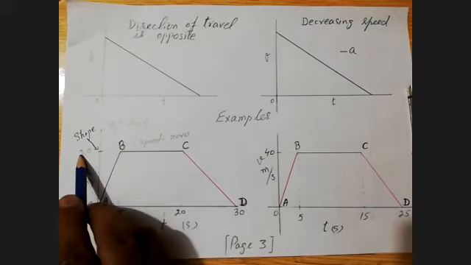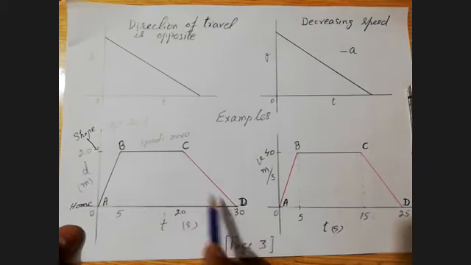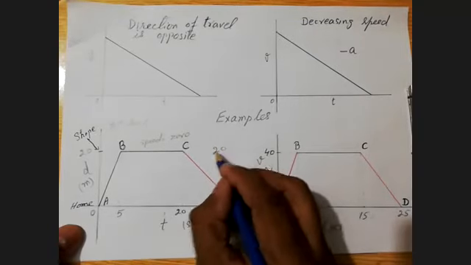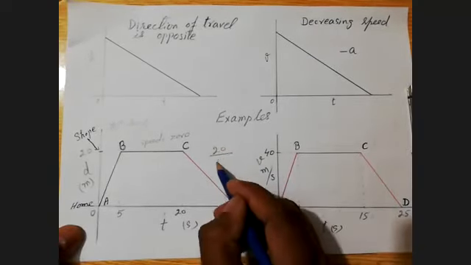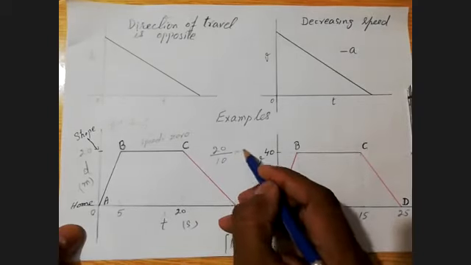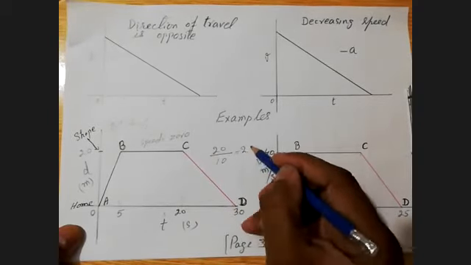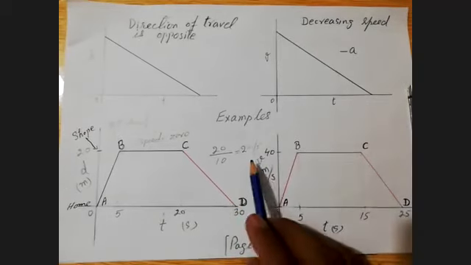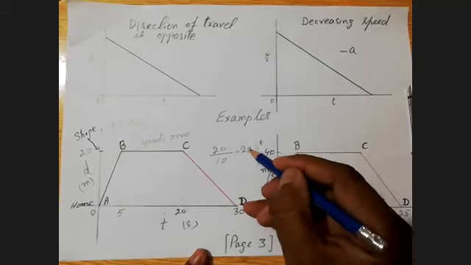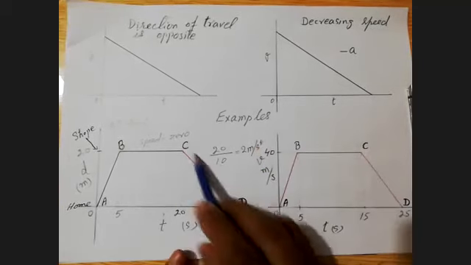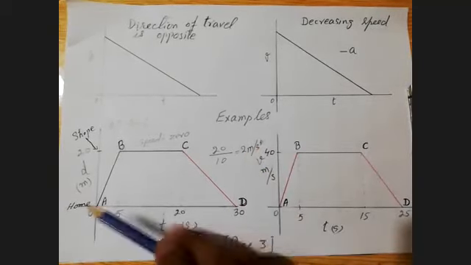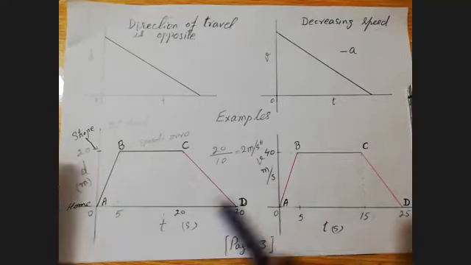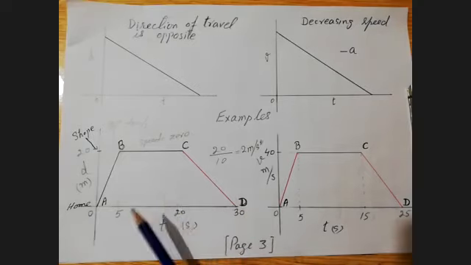The distance traveled is 20, because from 20 to 0, obviously the distance traveled is 20, and the time taken is 10 seconds. 20 by 10 is equal to 2 meters per second. So here you can see that the speed for the back journey is 2 meters per second, and the speed for the forward journey was 4 meters per second. So this was about the distance time graph.